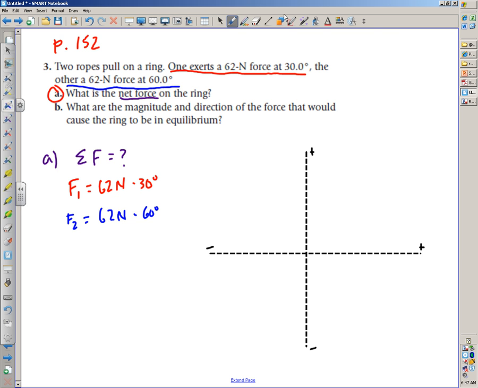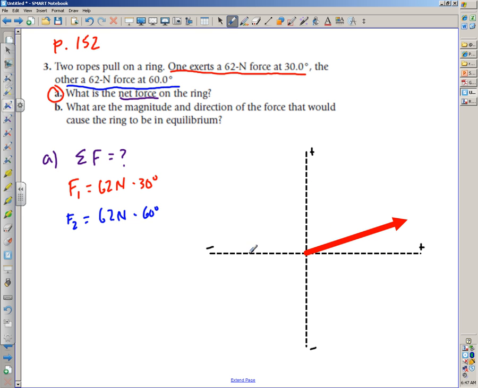So putting those on my coordinate system, I've got one that looks kind of like this. Generally when we talk about 30 degrees, 60 degrees, just like in math class, we'll call the positive x-axis 0 in most cases. There's other ways that you can define that, but your book chooses to call the positive x-axis, this line right here, 0 degrees, and then go counterclockwise.